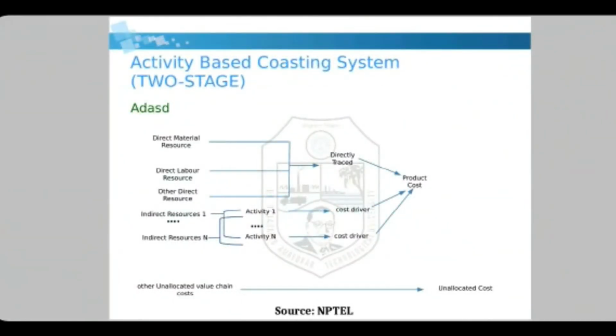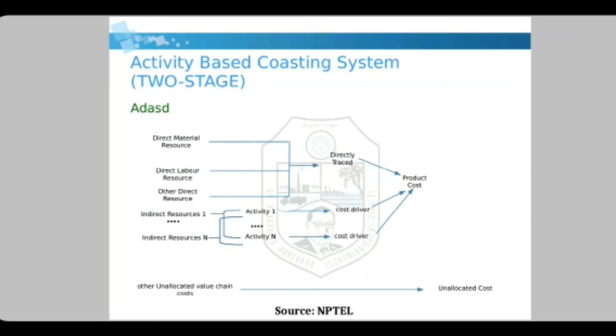Now second is activity based costing system. So activity based costing system is basically a two-stage costing system. So again the product cost can be calculated in two stages. First, we know that there is indirect cost, directly traced cost, and unallocated cost.